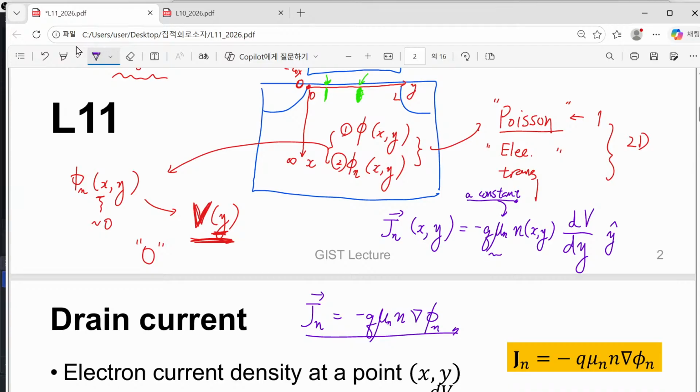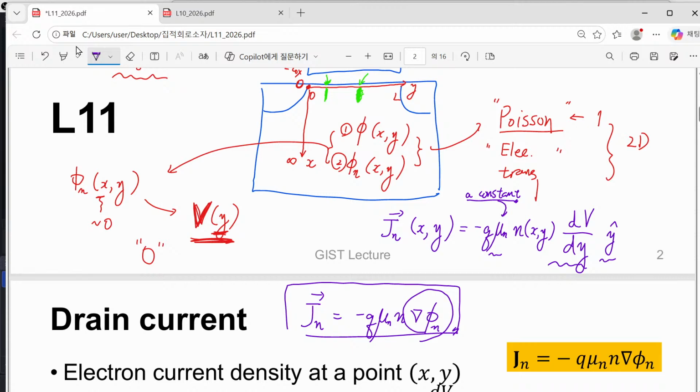Then this becomes just a simplified form of our current density at any position. So are you with me? This one is a more general form, but we have assumed that this electron quasi-Fermi potential is constant along the vertical direction, the x direction. So only y directional variation is allowed. So current is also flowing in the y direction. That is greatly simplified in this case.